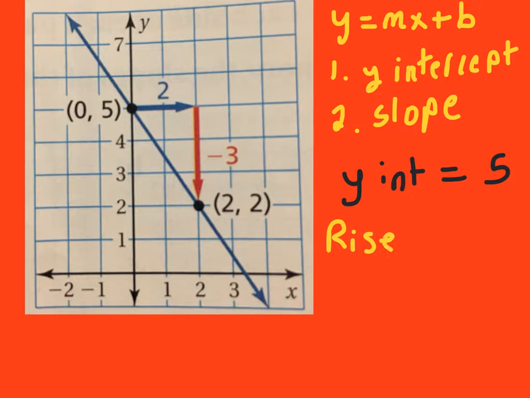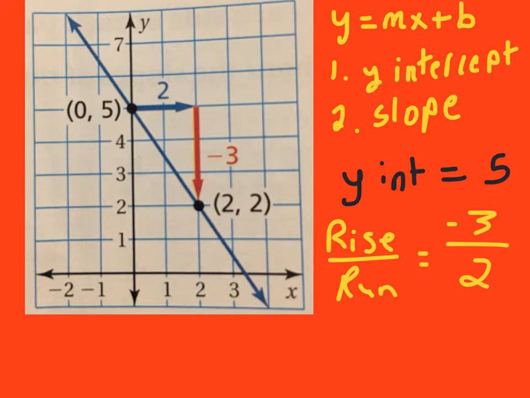Rise over run. So we need to put our rise on top. How many did we go down? What was our rise? We went down 3, so our rise should be a -3. And what was our run? Our run was 2. So that's our slope.